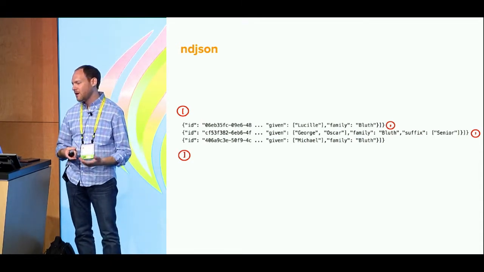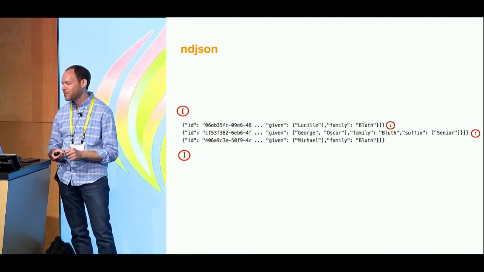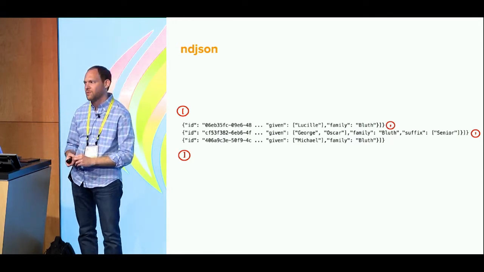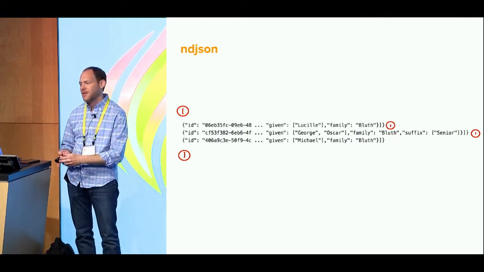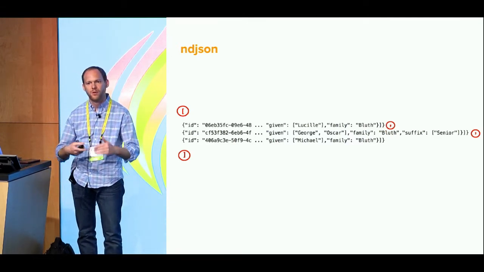These red parts that are circled, I got a question about this, so I think it's probably not as clear as I'd hoped, are the parts that are missing in these files. This is something you would normally see in a JSON file that doesn't appear in NDJSON. Instead, you just get the individual FHIR resources, one per line.